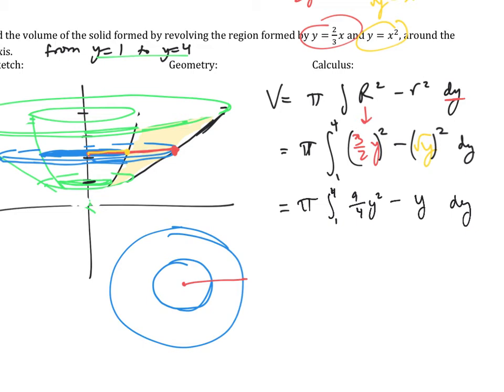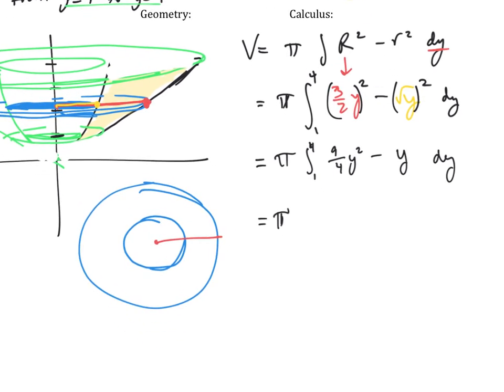And now I'm in a pretty good place to go ahead and find my antiderivative. A little bit of work, but not too bad. So 9/4 times y cubed over 3 minus y squared over 2, evaluated from 1 to 4. Let's tidy that up.